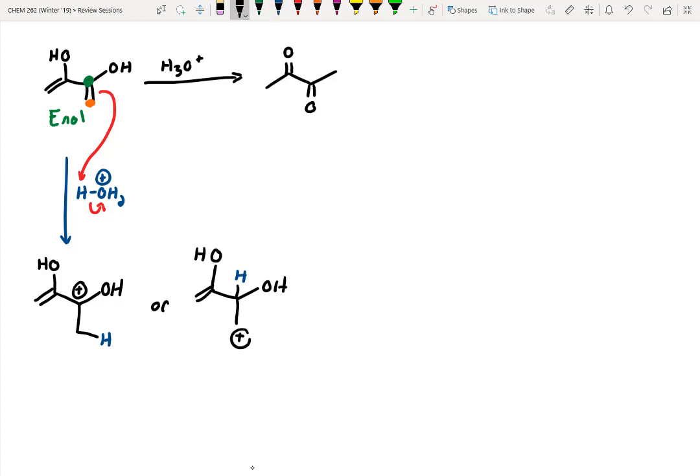Which one's more likely? Left. Why? It's more substituted and resonance. All right. So let's think about resonance. We got these lone pairs here. Resonance stabilization is even more important than it being tertiary, right? So we could go ahead and we can show the resonance structure for this.